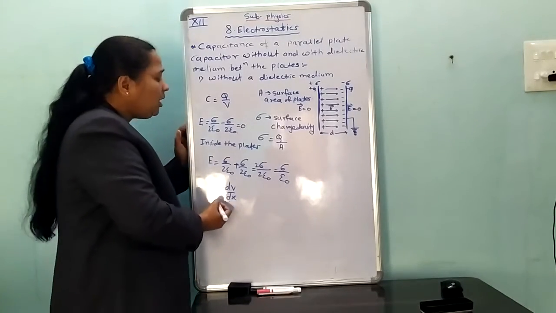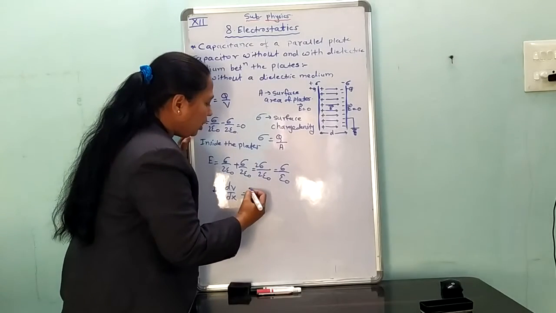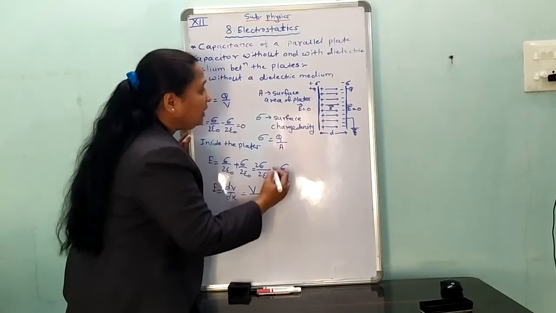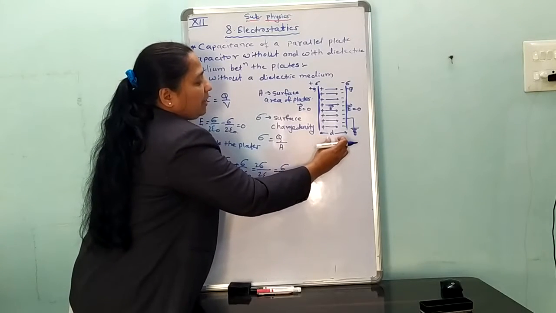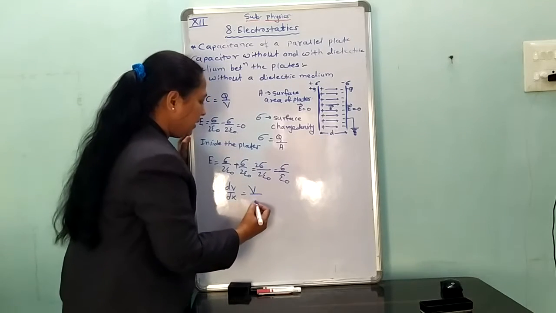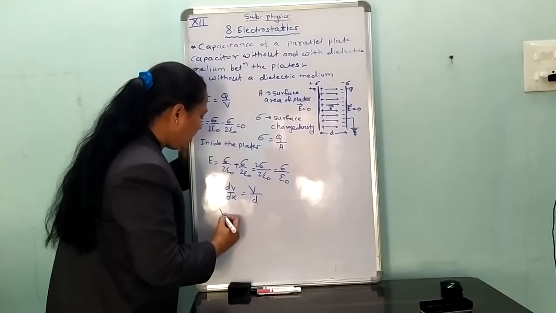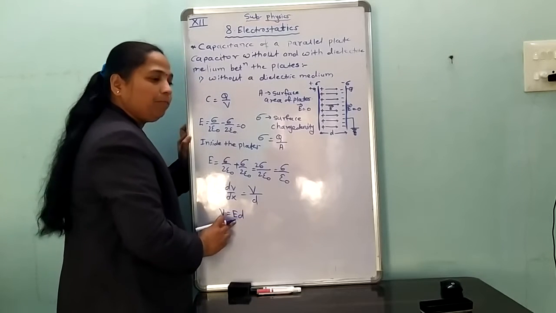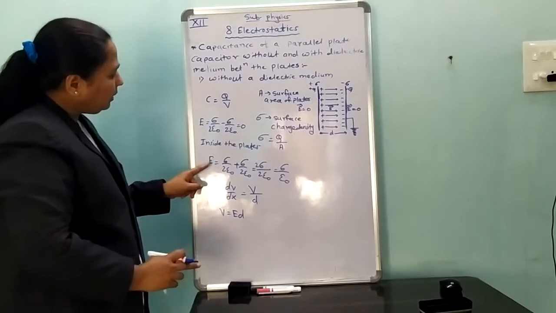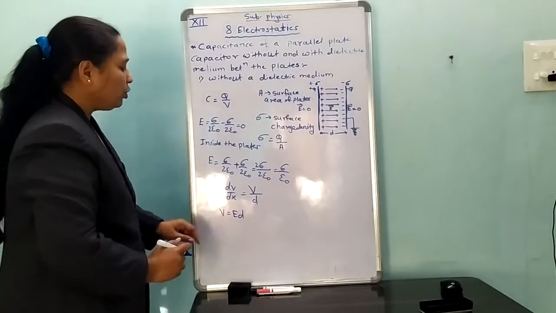Therefore, E is equal to minus dV upon dx, where V is the potential between these two plates and dx is d, the separation between the two plates. Therefore, E is equal to V upon d, which means V is equal to E into d. Here E is equal to sigma upon epsilon 0.